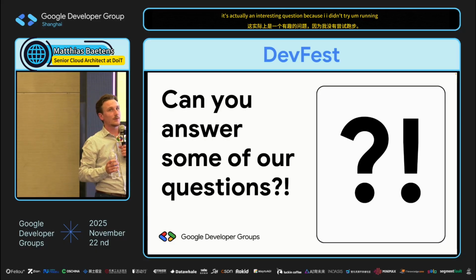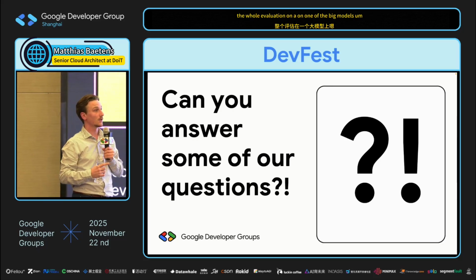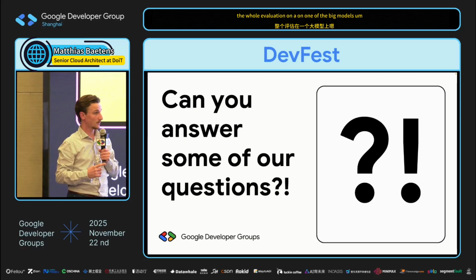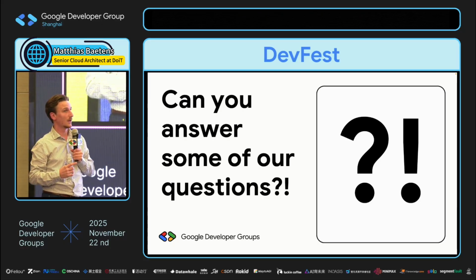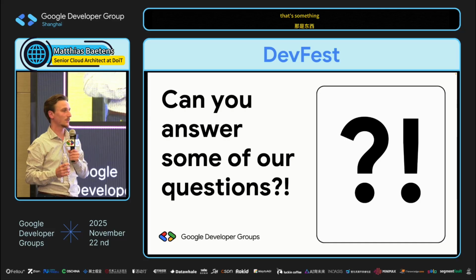It's actually an interesting question because I didn't try running the whole evaluation on one of the big models. In this case, I don't know after fine-tuning if the big model will still outperform the smaller model. That's something I would need to test.